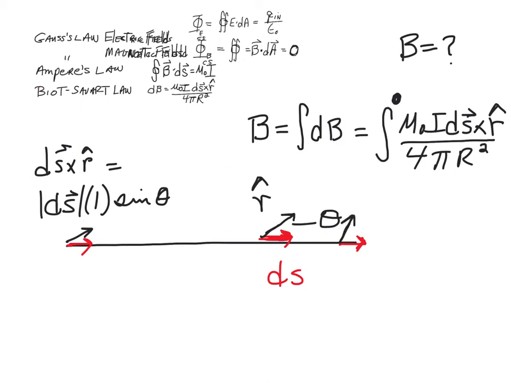The r hat is the unit vector that goes from ds toward the point. That's going to form a different angle. And also, the distance from this ds to the point is a different r. So the angle is going to be changing and the r is going to be changing.